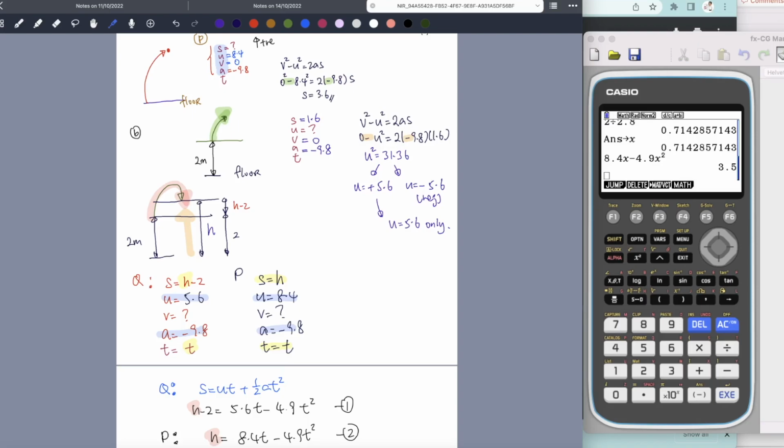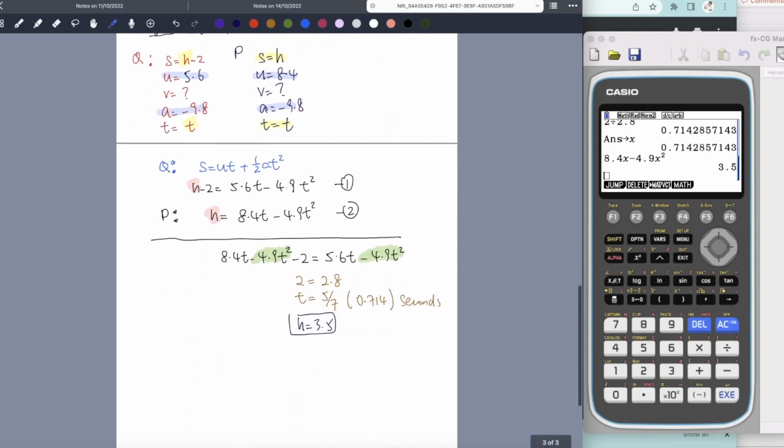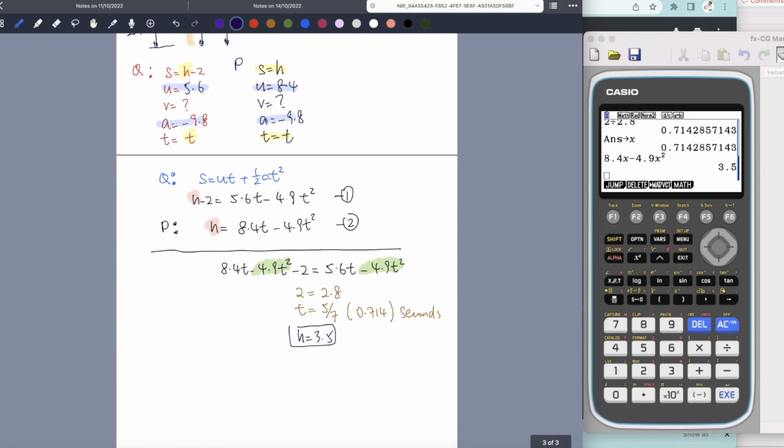Each one, you can easily find out because we've got U, V, A, and T. I prefer to do V, U, A, and T. Why do I prefer to do that? Because it's a linear equation. There's no quadratic to think about. So I'm going to use V, U, A, T for both particles. For Q, V equals U plus AT.